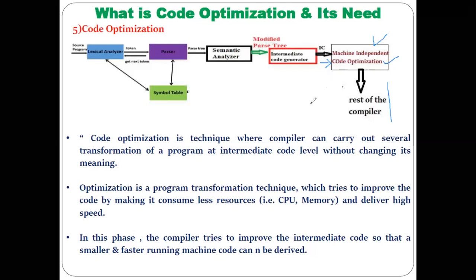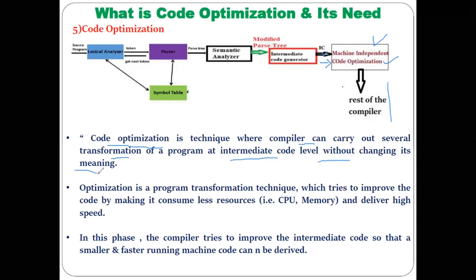So code optimization is doing such modification at the intermediate code level, which is another form of our source code, without changing its meaning. That is called a code optimization technique, where the compiler can carry out several transformations, several changes, on the program at the intermediate code, the code we receive from the intermediate code generator, without changing its meaning.